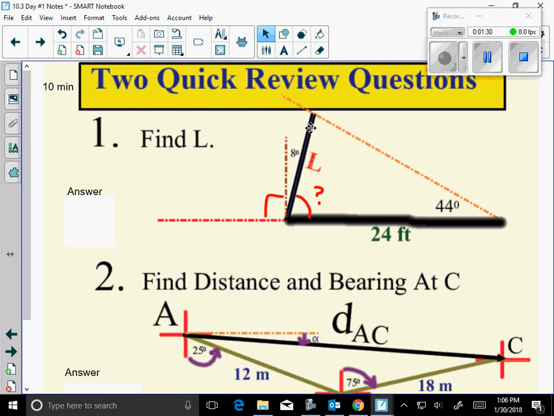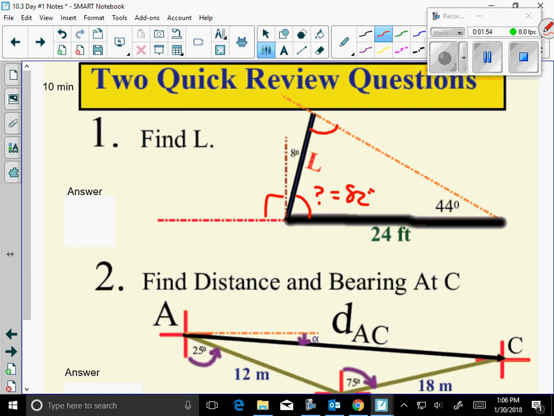That wouldn't be a 90. Well, this would have to be 46, right? No, you're right. That's 82. Good. Okay. So if that's 82, then we could go ahead and we could find that angle by subtracting those two from 180, and we could do some work here.